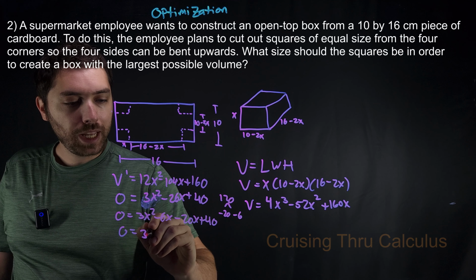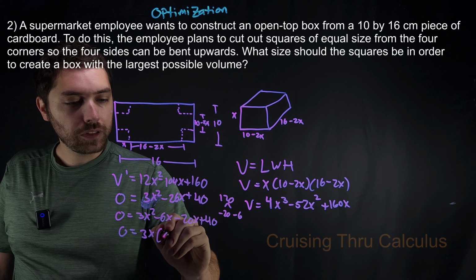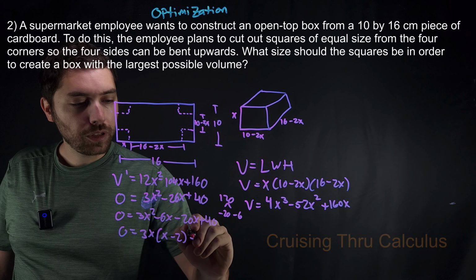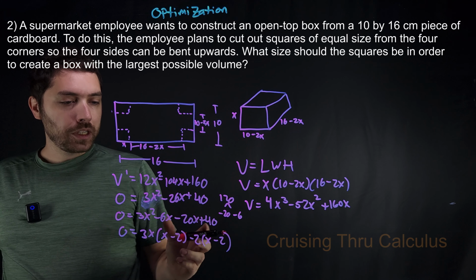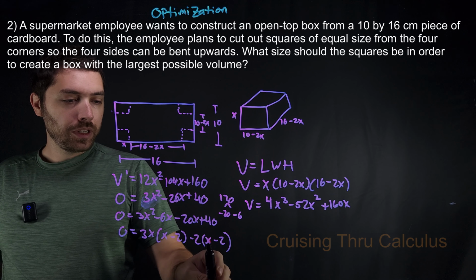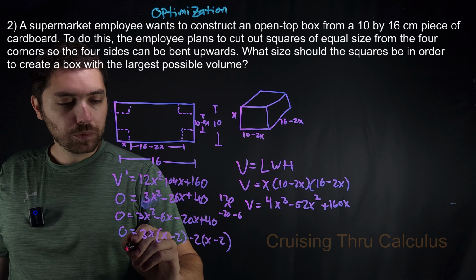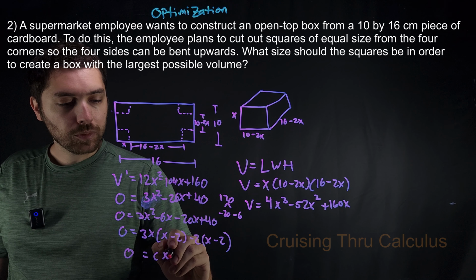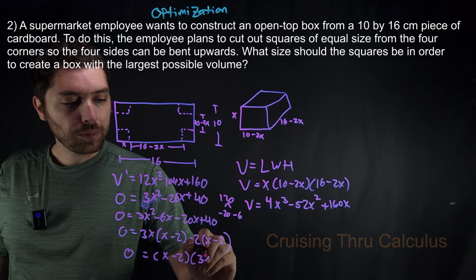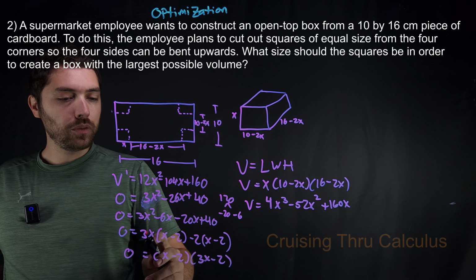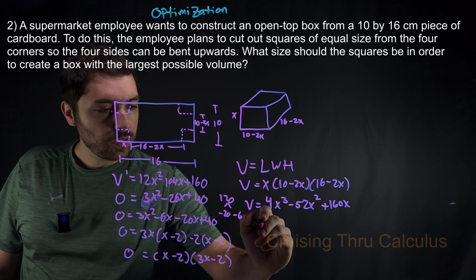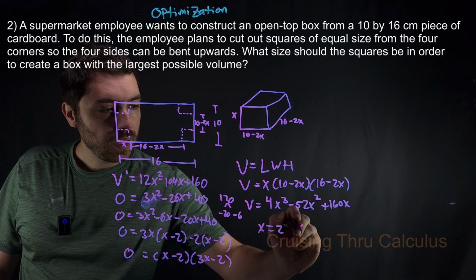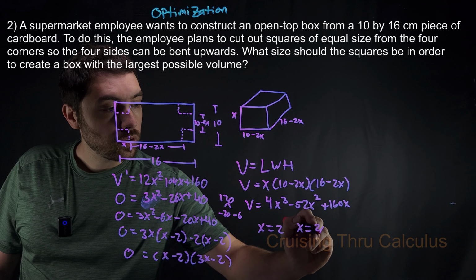Then I'm going to factor what I can from the first half of this, and then I'm also going to factor what I can from the next half of this. When I do that, I get a common factor here and here. Both of these are x minus 2, which is perfect. That means I can take the x minus 2, factor it out, and what I'm left with after factoring the x minus 2 is the 3x minus 2. Now, I have two answers here. If you solve each of those, we get x equals 2, and we get x equals 2/3.